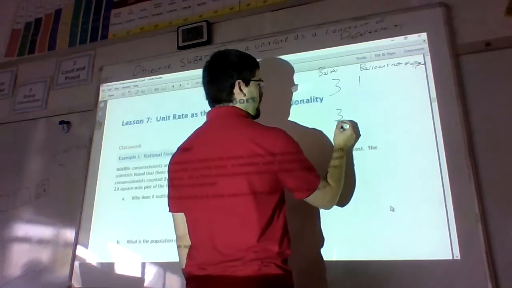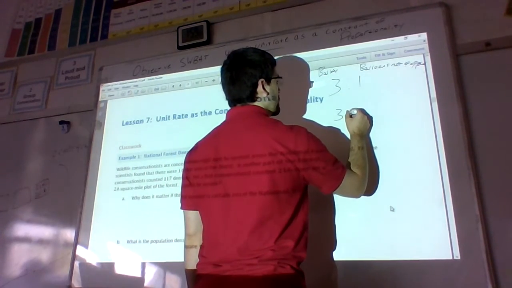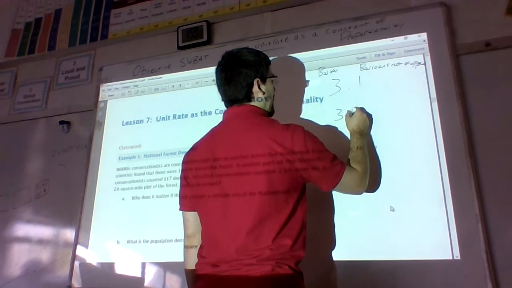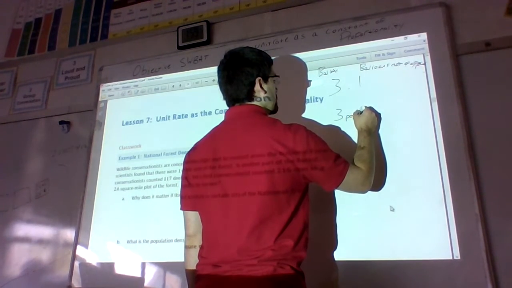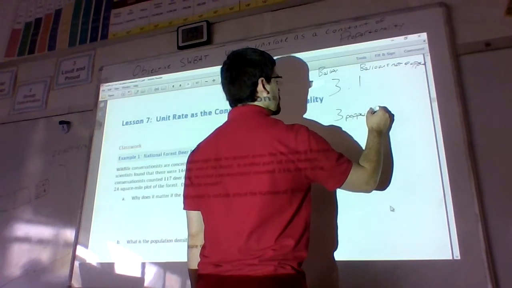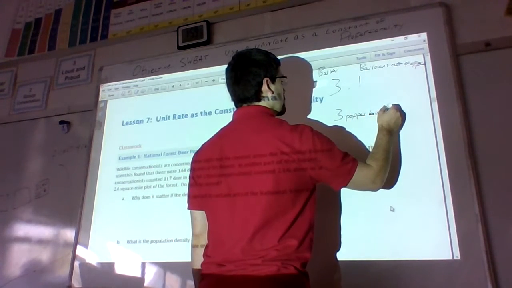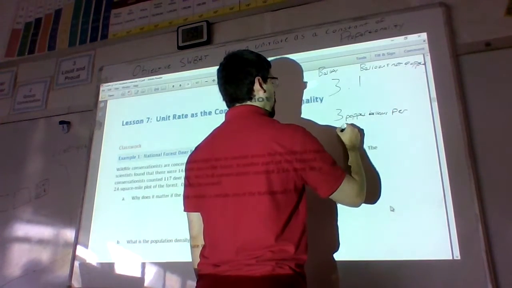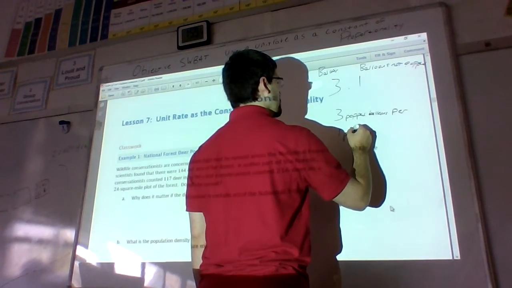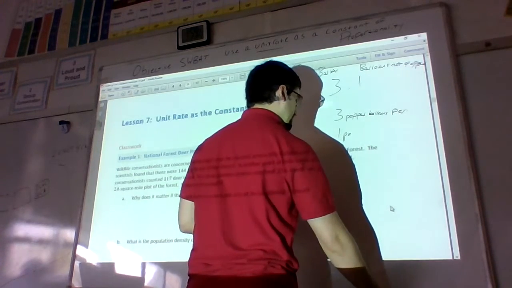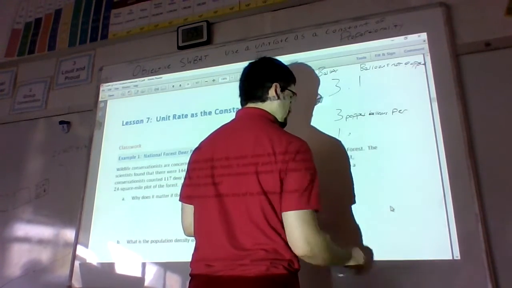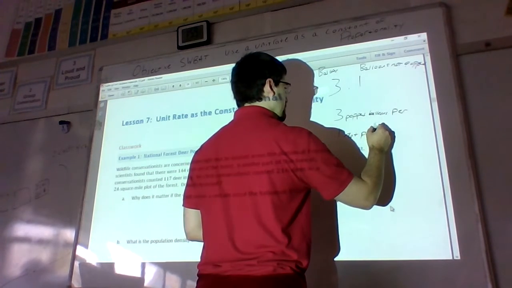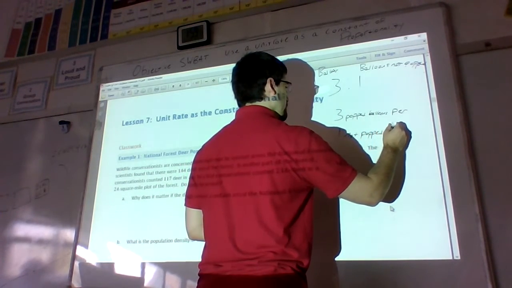So this would be 3 popped balloons per 1 not popped balloon.